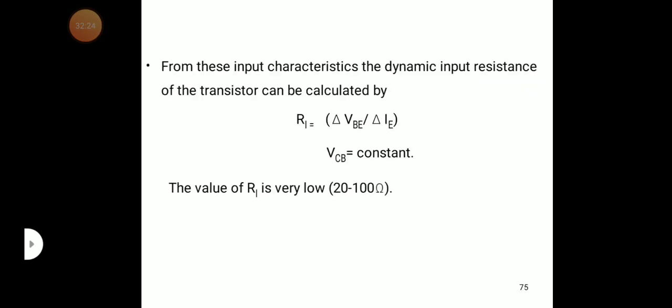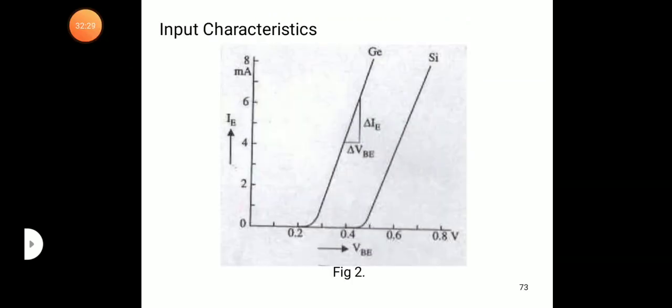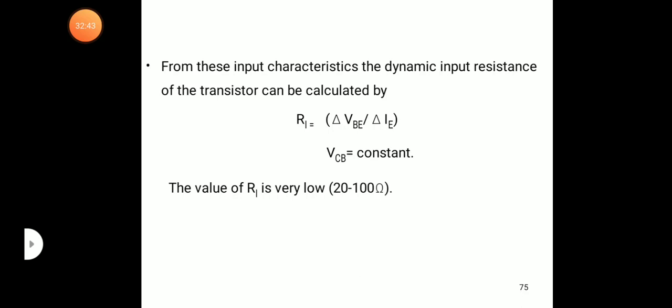By taking two values from the input characteristics, we can calculate the dynamic resistance. The value is generally very low, around 2200 ohms.